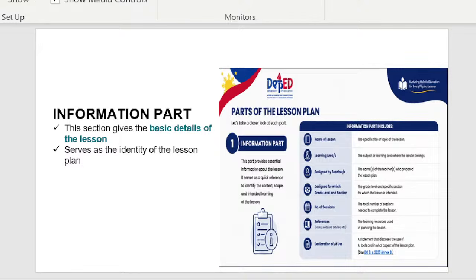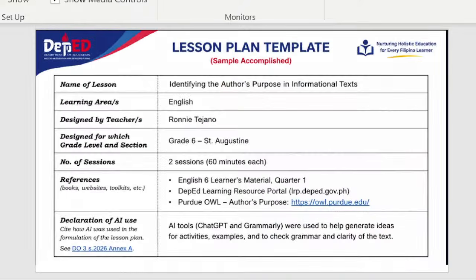So you have the name of the lesson or title, learning area, teachers who have designed it, for what grade level, how many sessions, what are the references, and the declaration of the AIUs based on DepEd Order Number 3, series of 2026. So that's the information part.